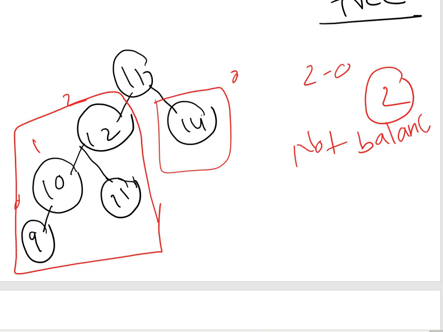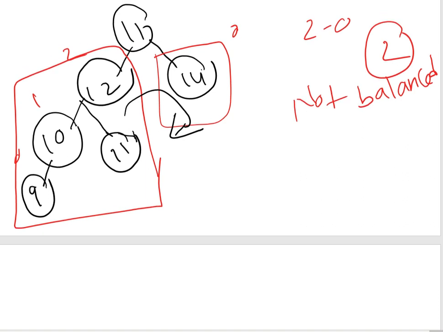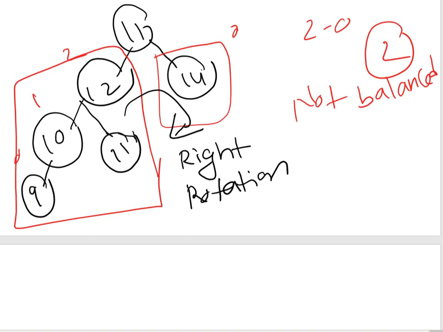So which rotation will we perform? To get a balance, can we perform a right rotation? Let us check. We will perform the right rotation. Which one will be the root? If it is a right rotation, we are changing the tree to the right.